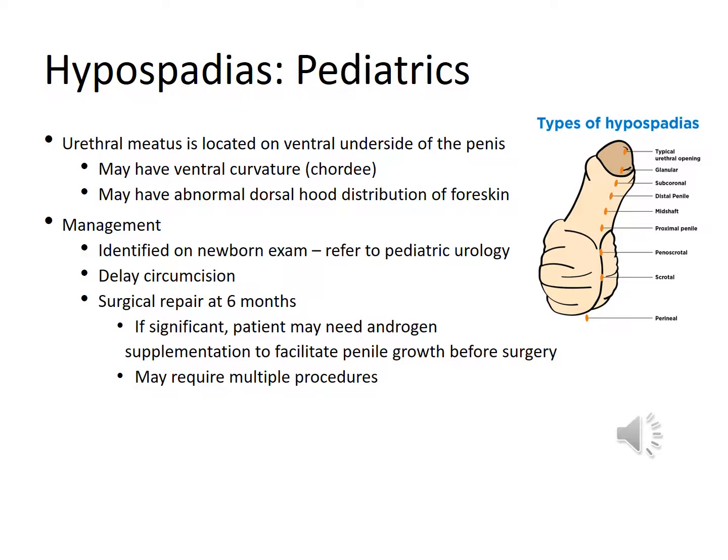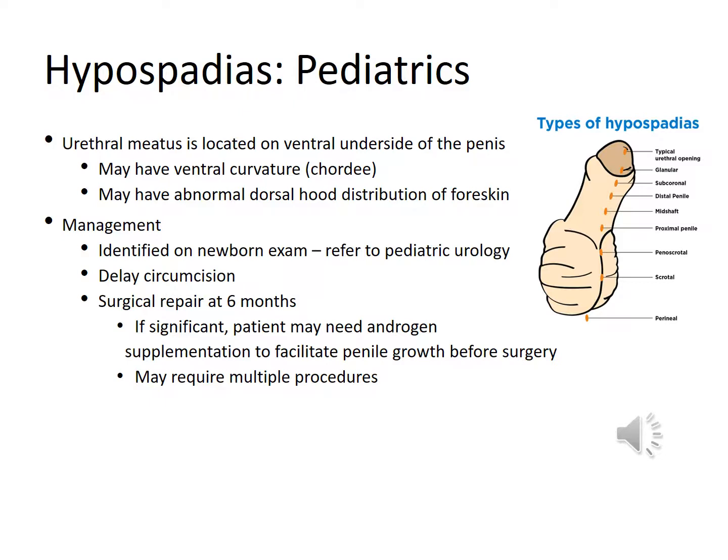Hypospadias means that the urethral meatus is located on the ventral aspect of the penis, so that's the underside of the penis. Our pediatric patients might have a slight ventral curvature in addition to the hypospadias, and they might have an abnormal dorsal hood or flap of the foreskin as well.